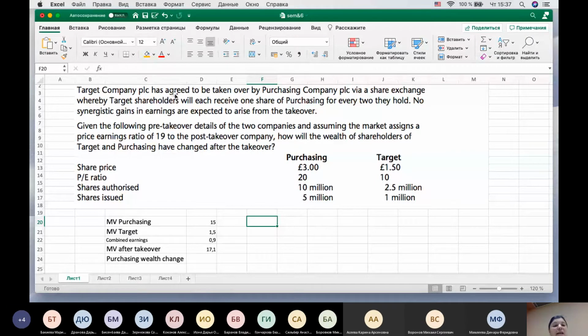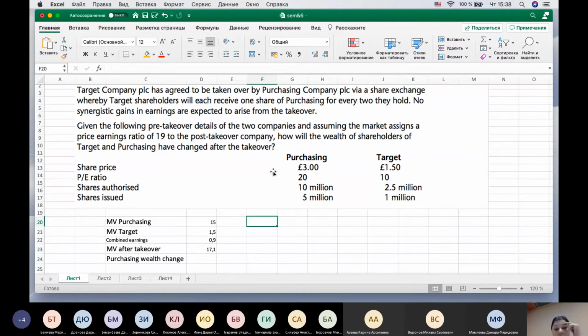Target Company PLC has agreed to be taken over by Purchasing Company PLC via a share exchange whereby target shareholders will each receive 1 share of purchasing for every 2 they hold. In this case, we assume a new issue of shares of the purchasing company, a new SPO.